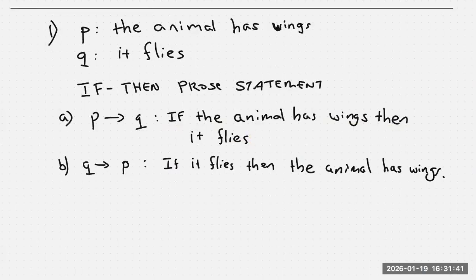Thinking, sir. I'm thinking. Go ahead. It can have wings and not fly. Give me an example of that.